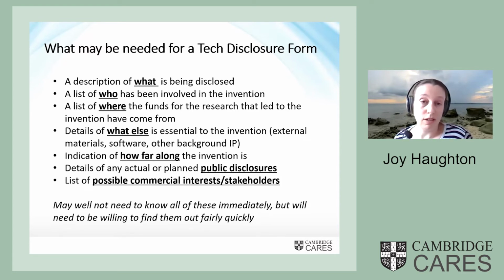They will also need to know about any planned public disclosures, and obviously if you have already disclosed publicly, as we've said, that will close down some of the options available, so they will also need to know about that. It probably is worth saying, because it is a mistake I've come across occasionally. Sometimes researchers fill out these tech disclosure forms and they think it's better not to say if they've already given a conference paper on it. It's not. You'll just waste a lot of time because it will almost certainly be found out at some point during the examination process if you are applying for a patent.